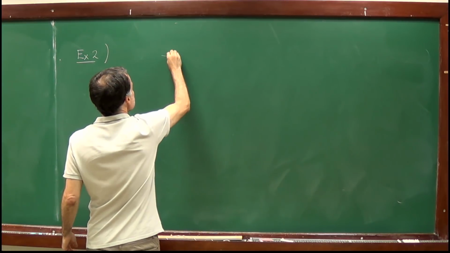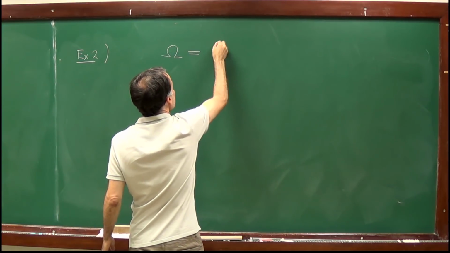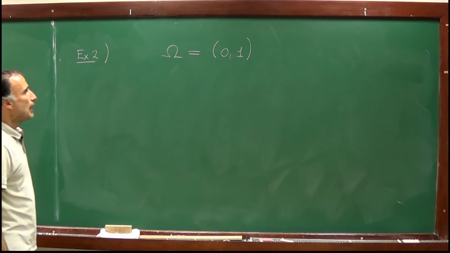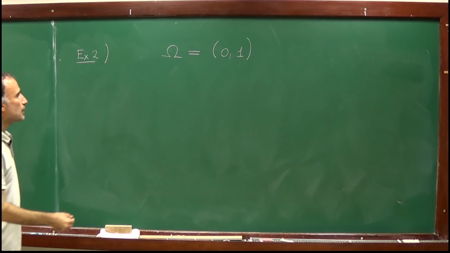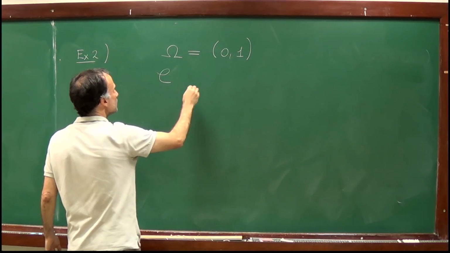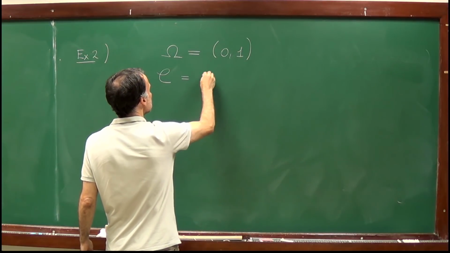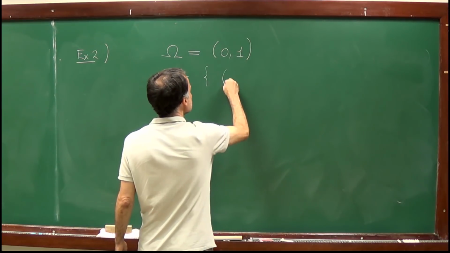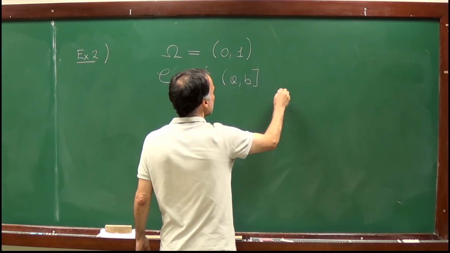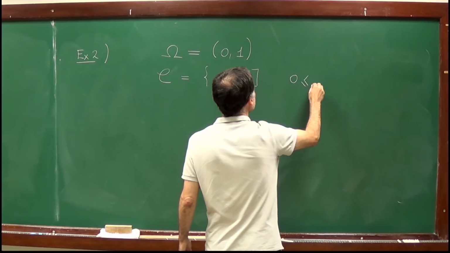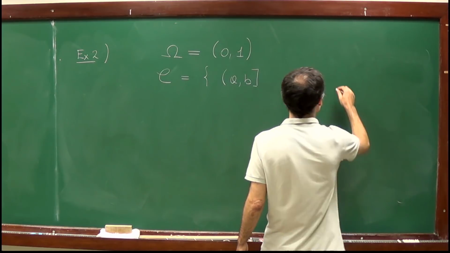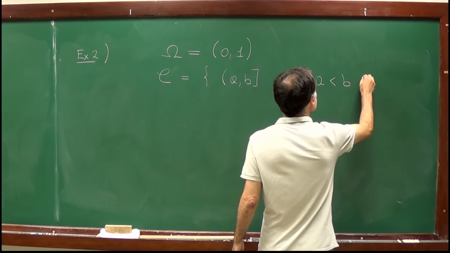I will consider the set omega to be the interval [0,1). And C will be a class of sets of the form (a,b], where a is greater or equal than 0, smaller than b, which is smaller than 1.